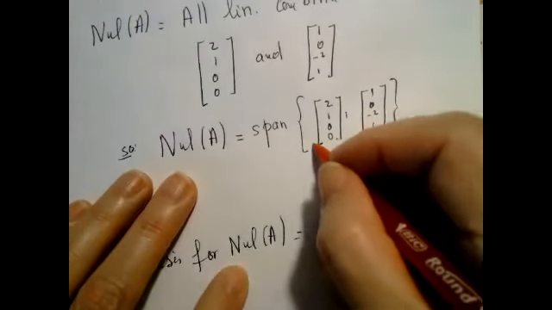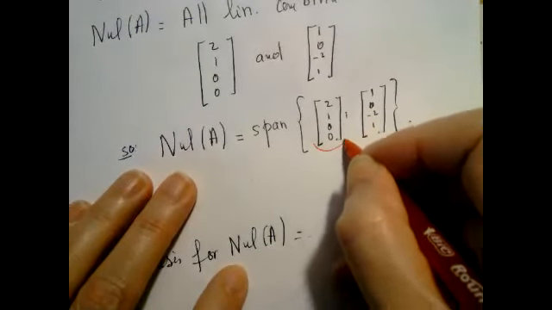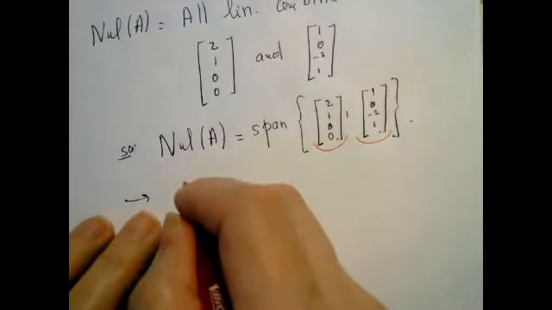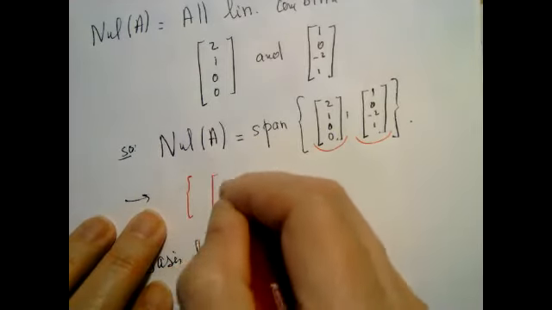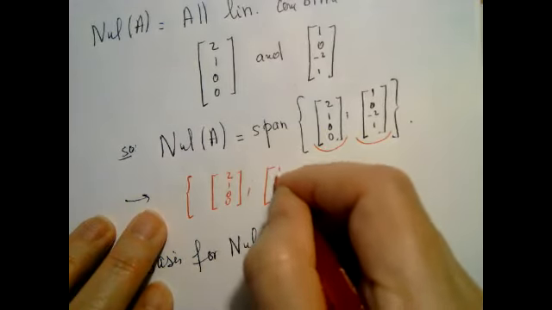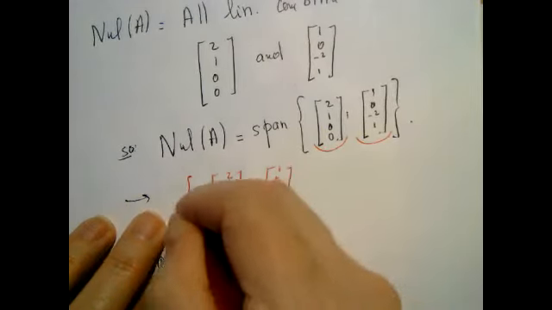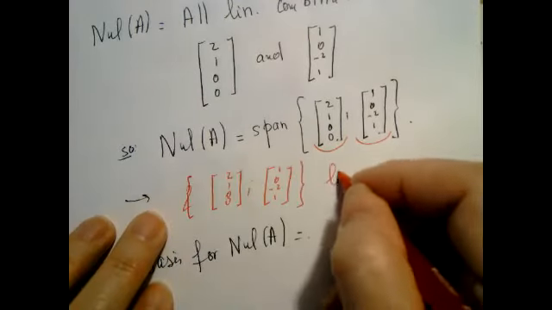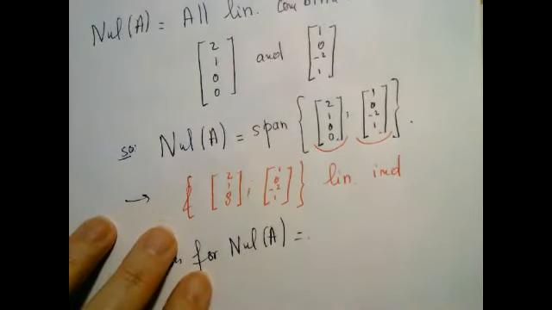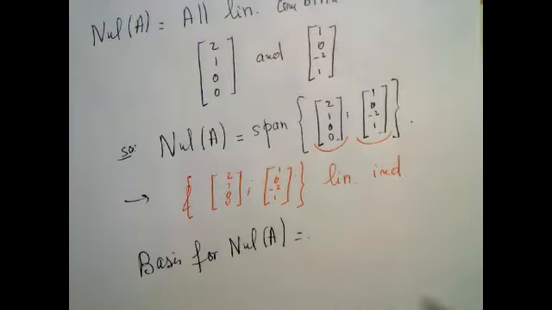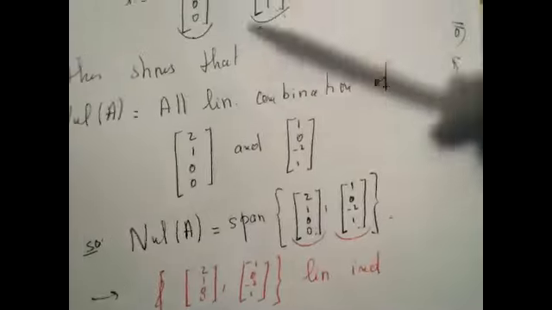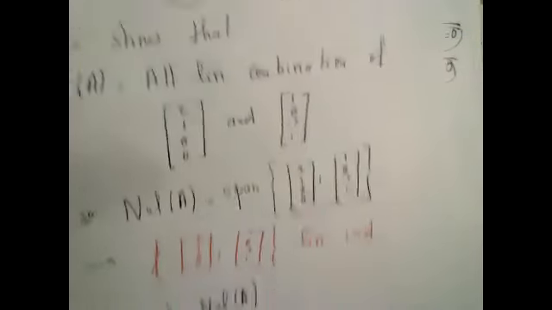Let's watch here. Everything in the null space is a combination of those two vectors. Now, moreover, those two vectors are linearly independent. We just stare at them; there is no way we can get them as dependent. Actually, there is a theorem that once you write the solution in parametric vector form, those vectors will always be linearly independent.